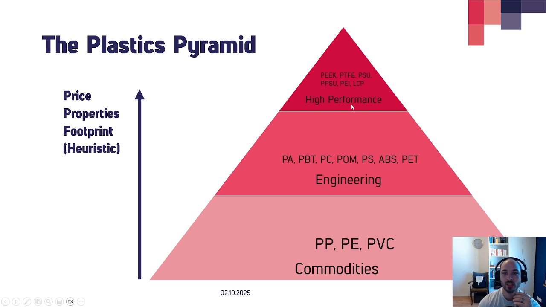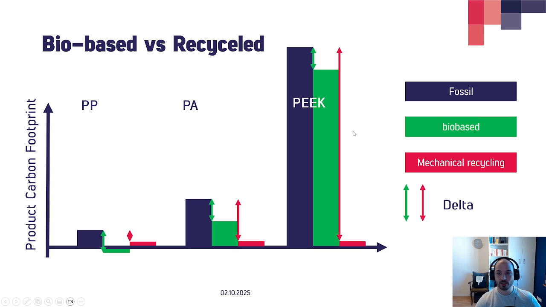Now, recycling plastics should be clear from the videos I've made. They are mechanically recycled, and now we're going to compare the two, bio-based and mechanically recycled plastics, with respect to their place in the plastic pyramid. I'm going to explain the chart.